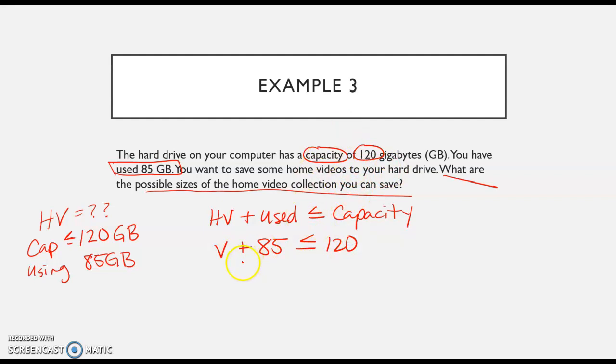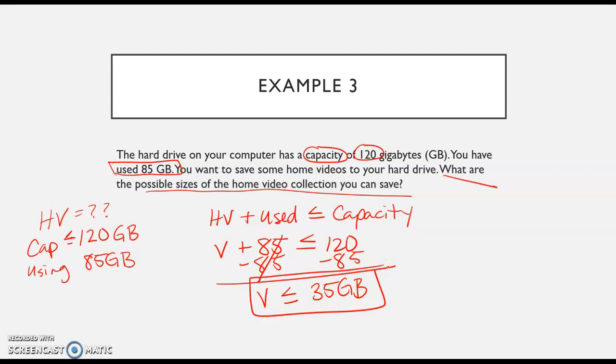So from here, I'm just going to subtract 85 from both sides, because what I do to one side, I have to do to the other side. Even though this is an inequality, I've got to do it equally. So I should have V is less than or equal to 35 gigabytes. So any home video that is 35 gigabytes or less can be saved on our hard drive.